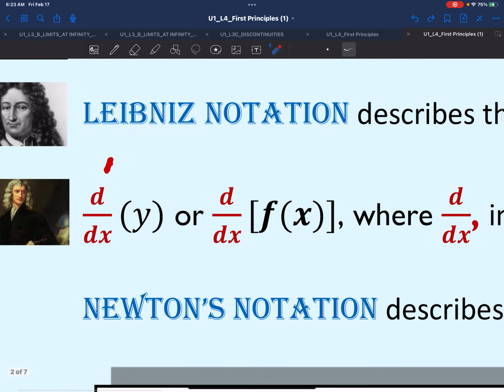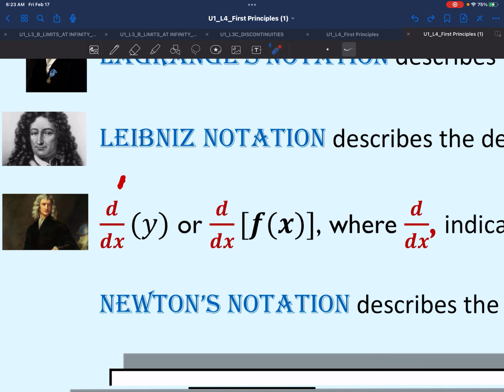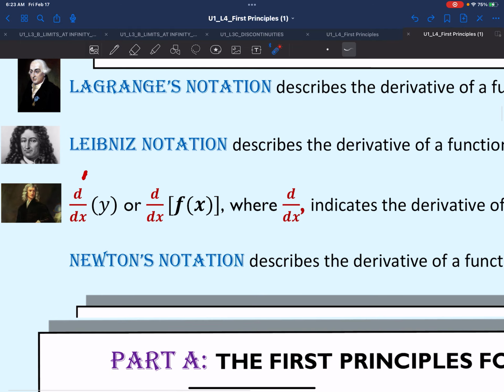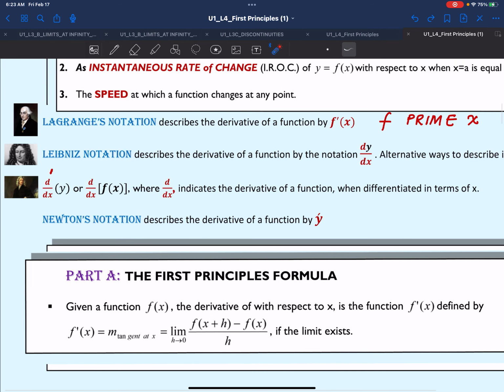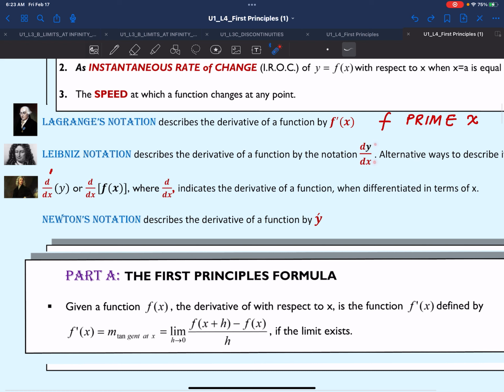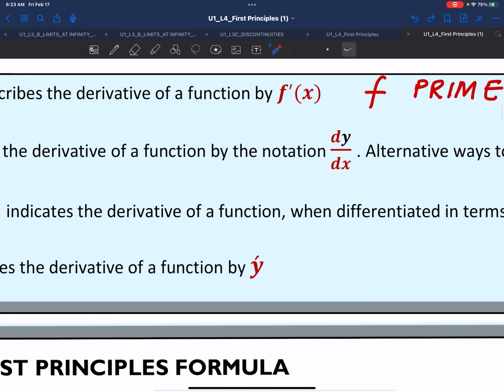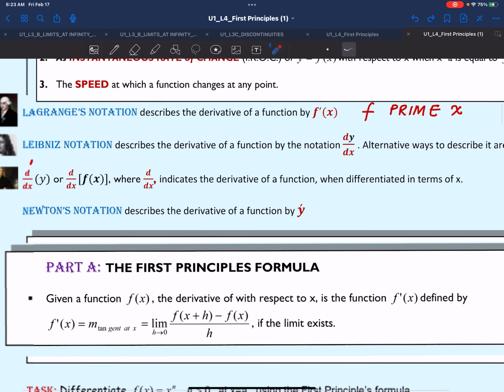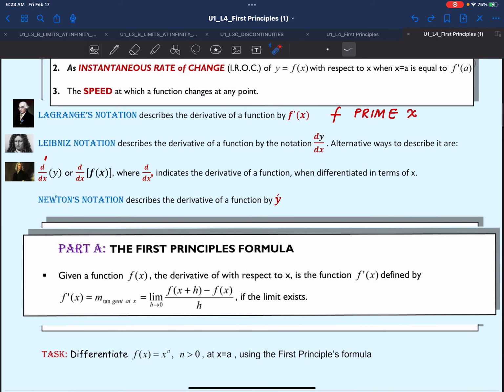Next we're going to move on to Leibniz notation. Here is Leibniz, a German mathematician who described the derivative of a function by the notation dy/dx, which means the derivative of y values differentiated in terms of x. Alternative ways to describe the derivative in Leibniz notation are d/dx of y.